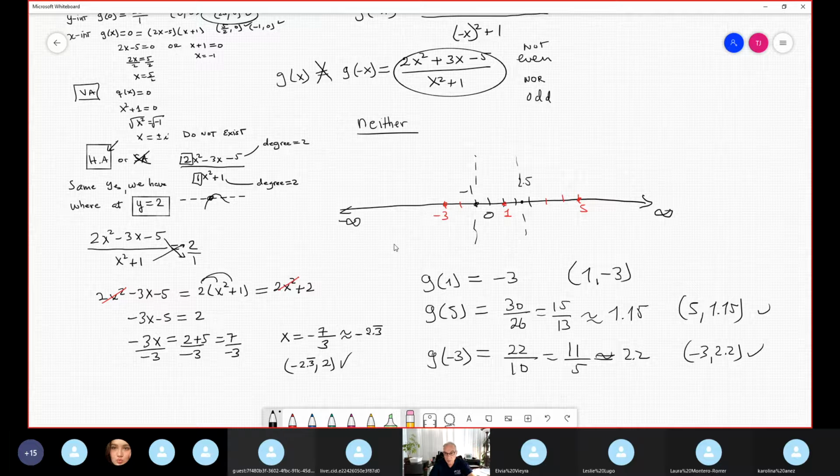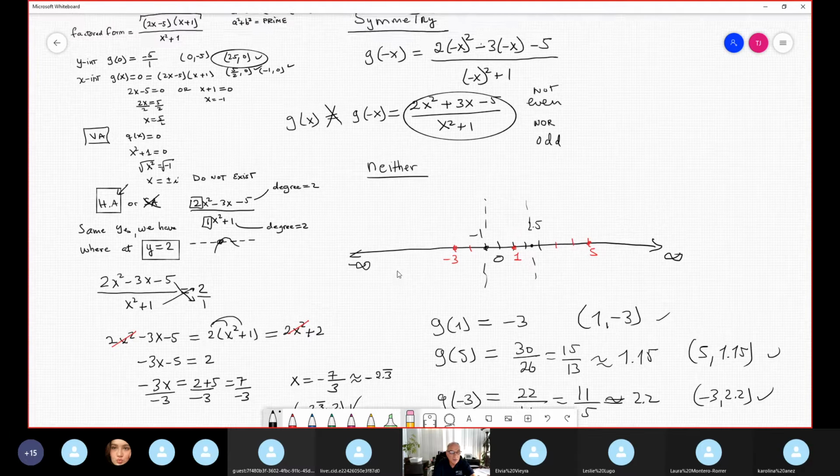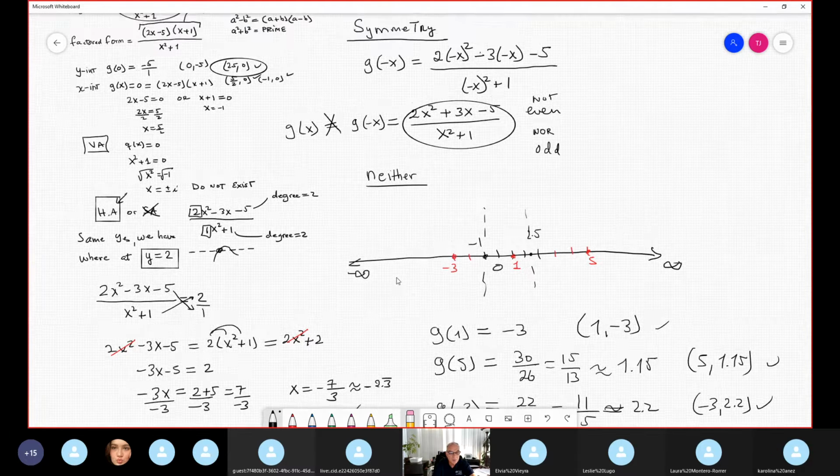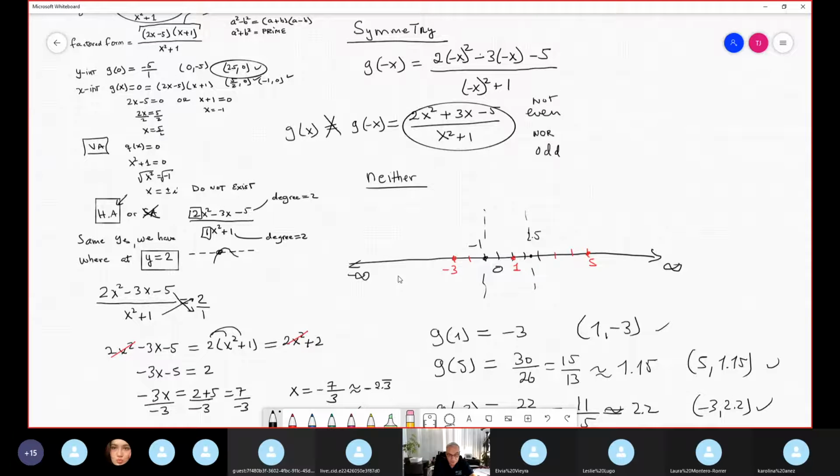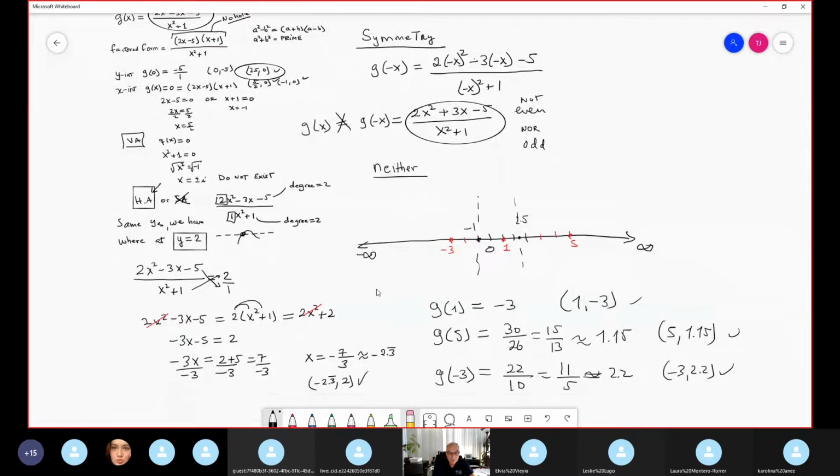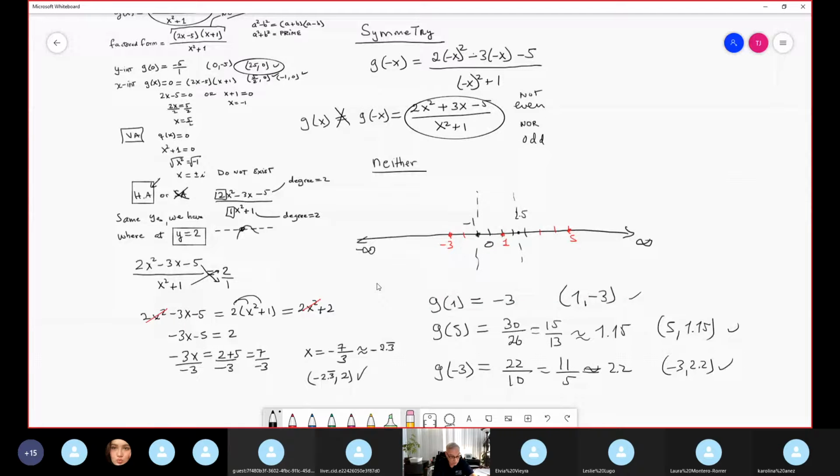Here we have 1, 2, 3, 4, 5, 6, and 7 points. We have the horizontal asymptote. Unfortunately, we have no vertical, sorry, horizontal yes, at y equal 2. And we try to construct the graph. To do it fast, I want to show you the graph idea in decimals. Okay, in decimals, let me see that.